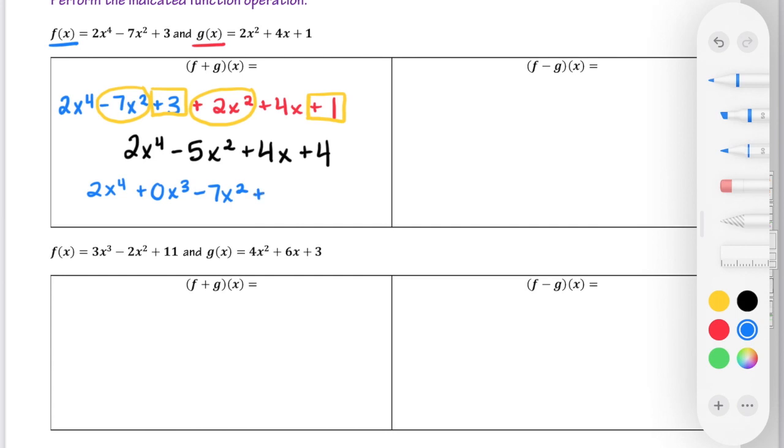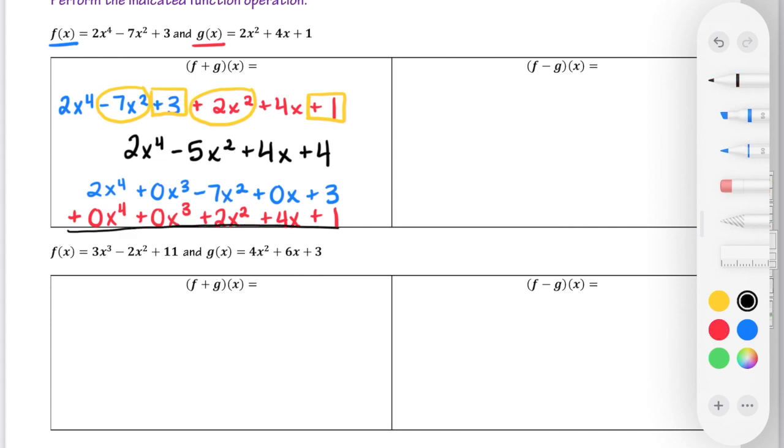Then I have minus 7x squared, and then I don't have an x term, so I would have to put plus 0x, and then I have a plus 3. And then my g of x, I don't have an x to the fourth term, so that's a 0. I don't have an x cubed term. I do have the 2x squared and the 4x and a constant.